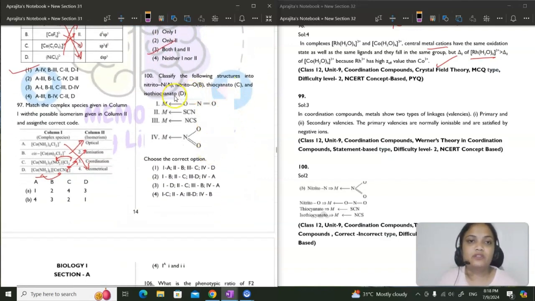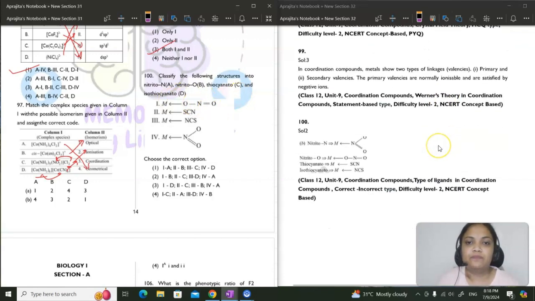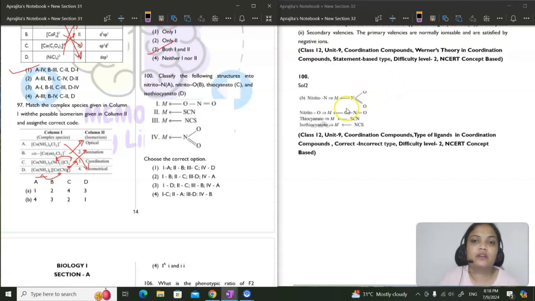Next, classify the structures into nitrito N, nitrito O, thiocyanato, and isothiocyanato. Nitrito N is when the linkage happens through nitrogen, so this is nitrito N. This one is nitrito O. Then thiocyanato is when the linkage is through sulfur, and this one is isothiocyanato.